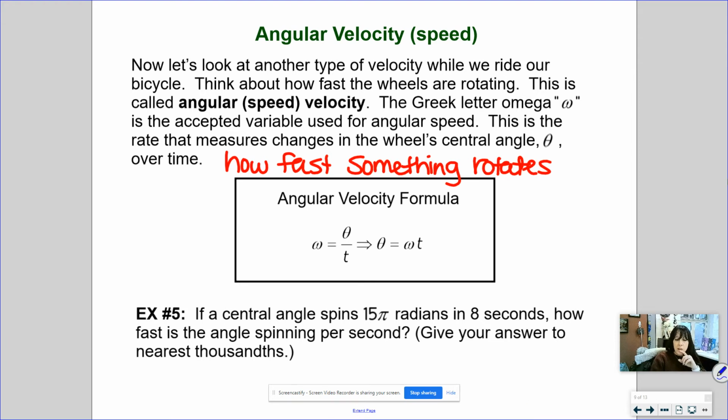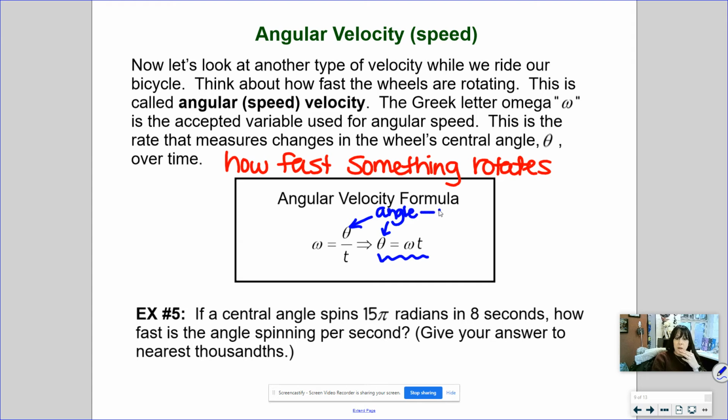So there's some new letters introduced in this problem. You will notice the formula itself, if you look right here, the formula here is very similar to the linear velocity formula, at least in the setup of it. So in this, theta is your angle, central angle of the wheel.